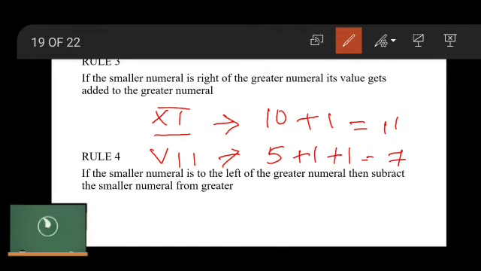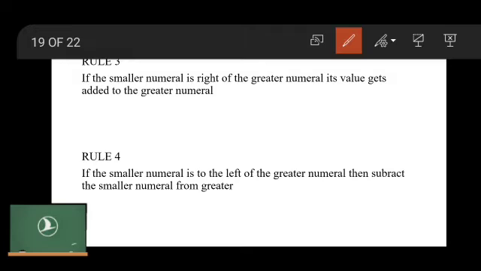Rule 4. If the smaller numeral is present to the left of the greater numeral, then we have to subtract the smaller from the greater numeral. We represent 9 as IX.